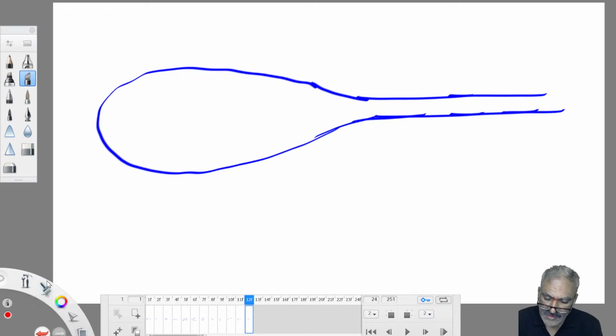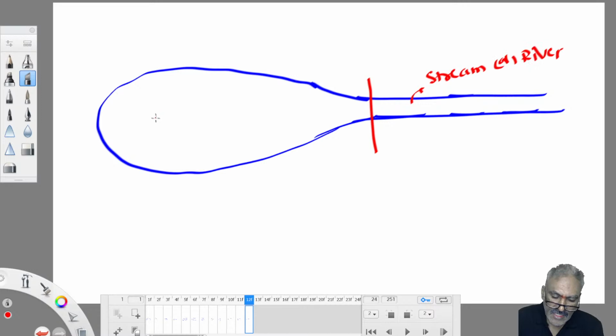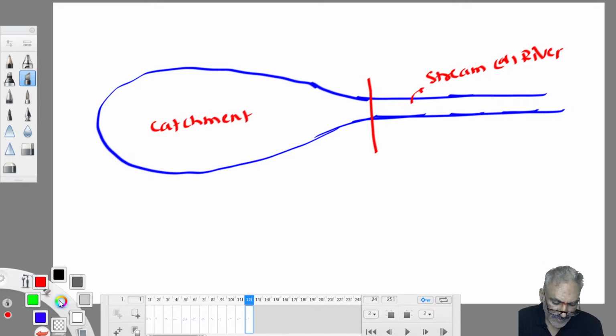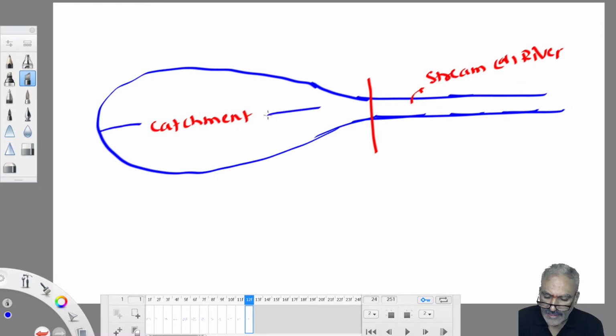Where the catchment terminates, the stream originates. This is a catchment. In this catchment, runoff from different portions is collected and ultimately drained into a stream. Different portions, and ultimately this whole runoff is delivered from the catchment into the stream.